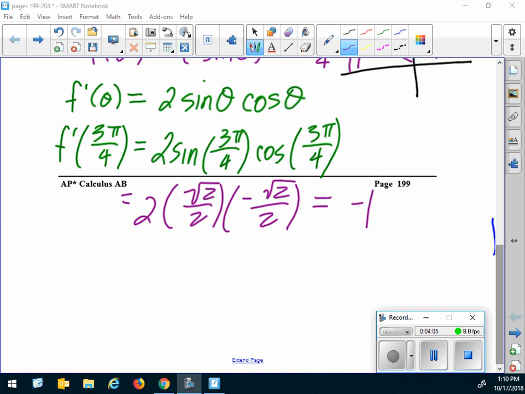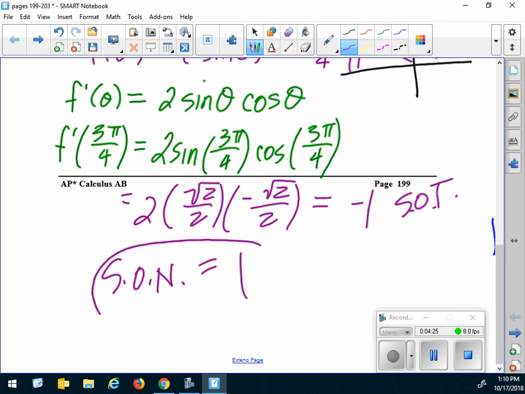Does that answer the question? Technically, no, right? That's the slope of the tangent line. I need the slope of the normal. The slope of the normal is going to be 1, right? Remember, opposite reciprocal, perpendicular. The slope of the normal is 1.